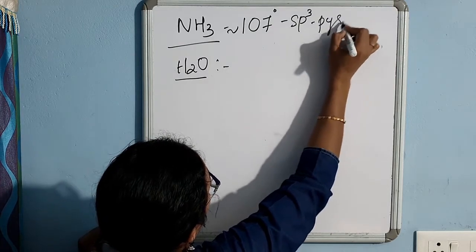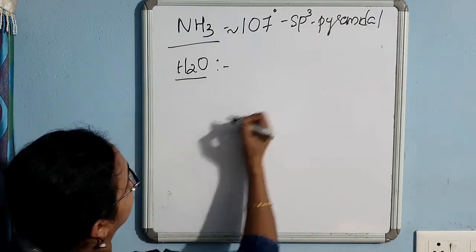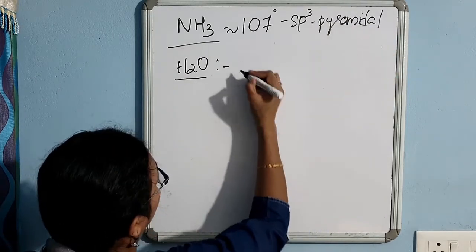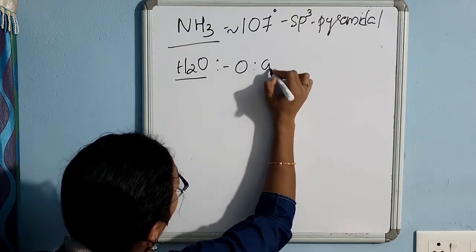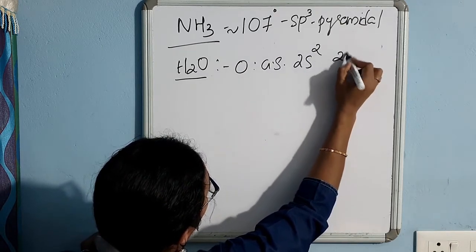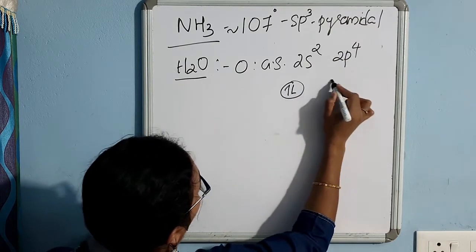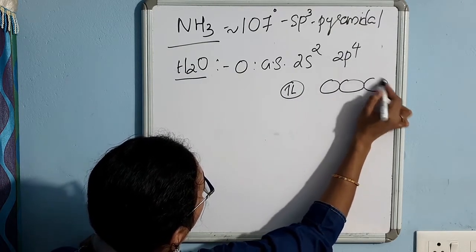For the water molecule, we know the central element is oxygen, and oxygen has a ground state valence configuration of 2s2 2p4.